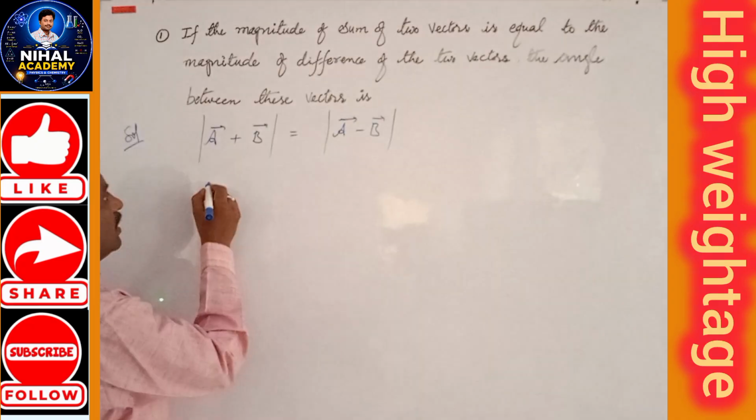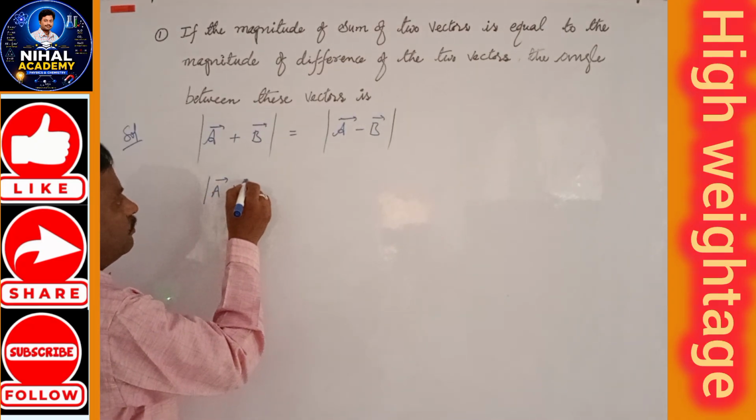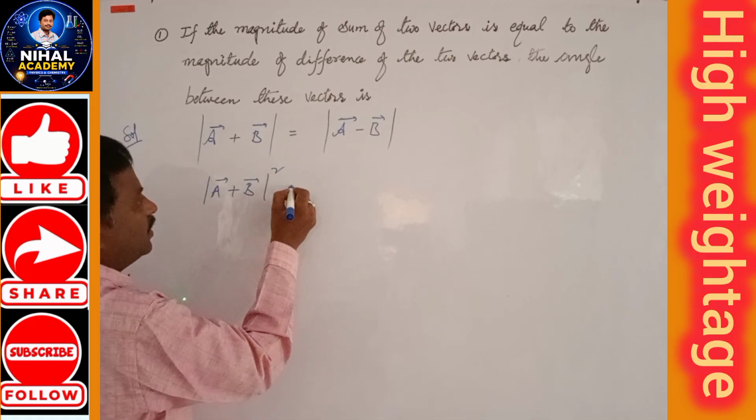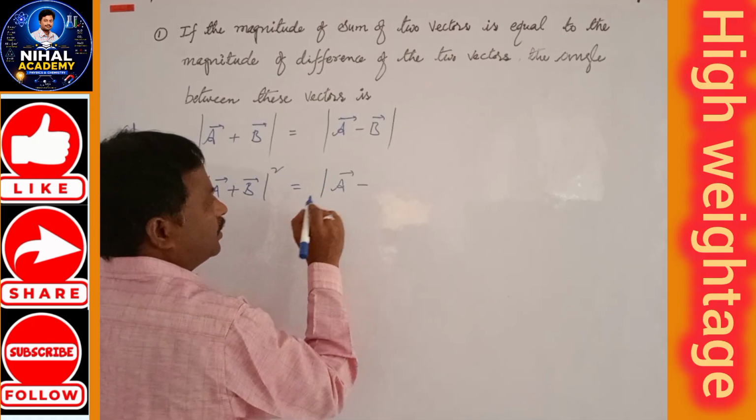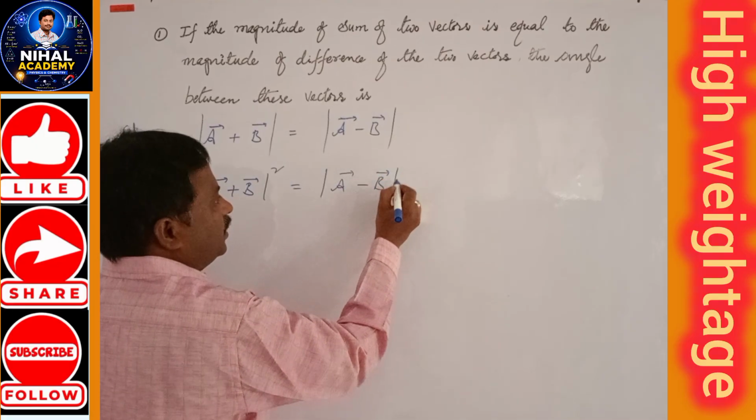Squaring on both sides, we get vector A plus vector B whole square equals vector A minus vector B whole square.